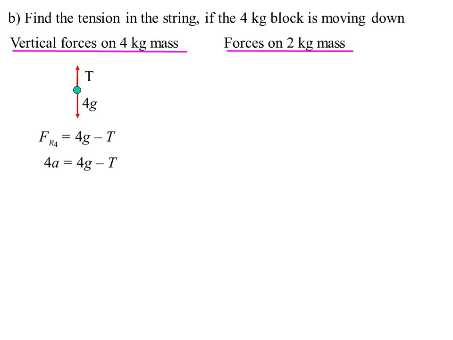The 2 kilo block, going to have to resolve this. But I'm going to resolve it a little bit differently to make life easier for myself. Because you see, I want to sub in T. So if I was to break tension into 2 components, I wouldn't get T. I would get T cos 30 or T cos 60 or something like that. Makes life so much easier for myself if instead I resolve in the direction of the plane, or the direction of the tension in this case.